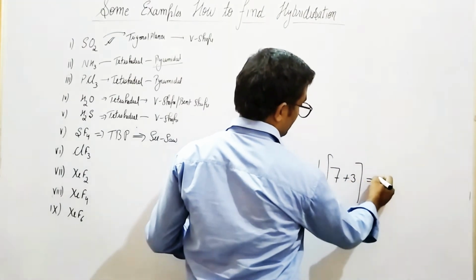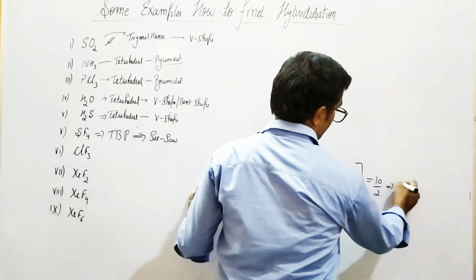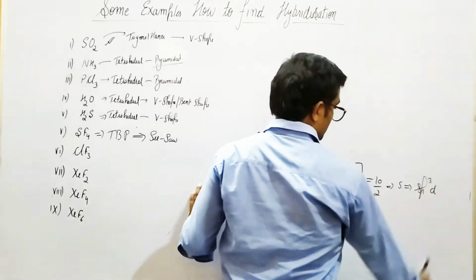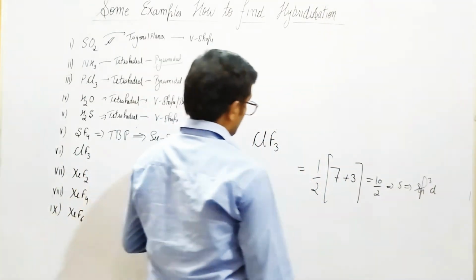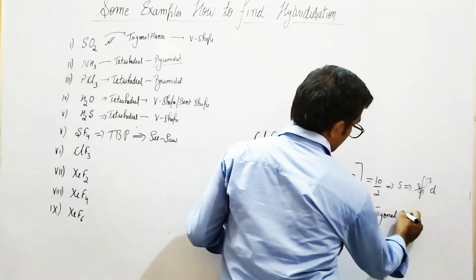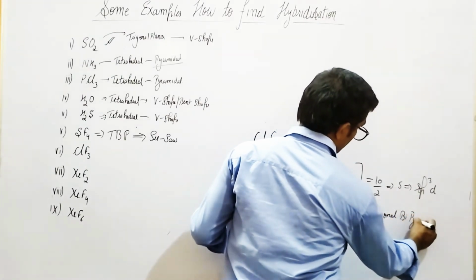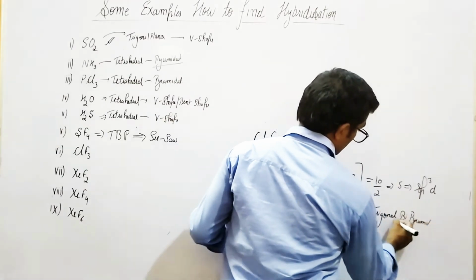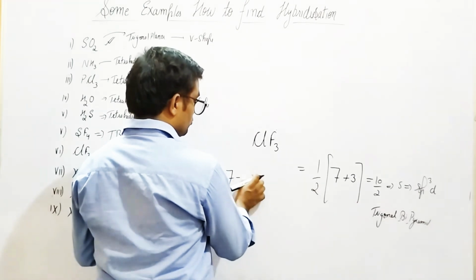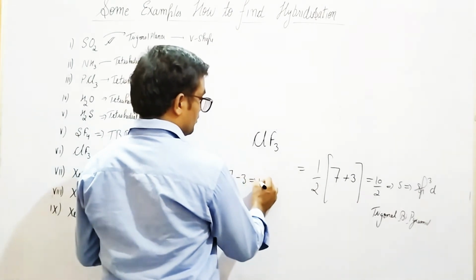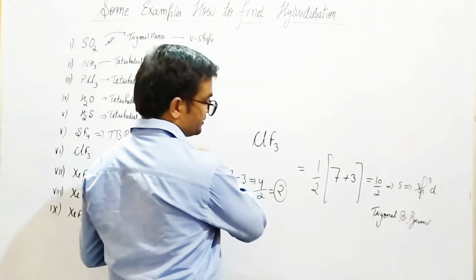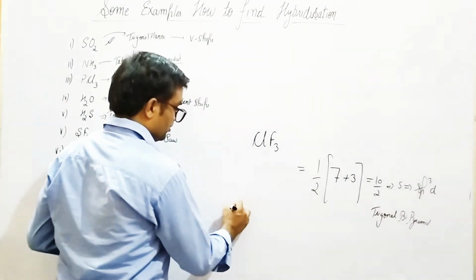It comes out to be 10 by 2, that is 5, and 5 means sp3d, trigonal bipyramidal. Out of 7 electrons, 3 are used in making bond pairs, therefore 4 are left, and 4 by 2 means 2 lone pairs exist.